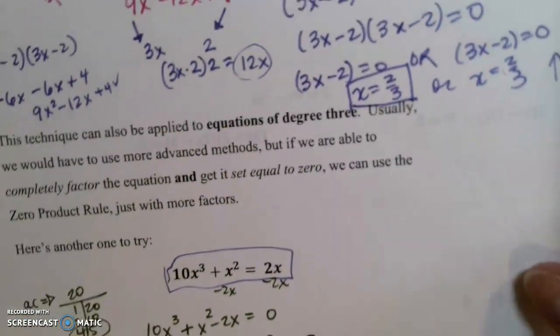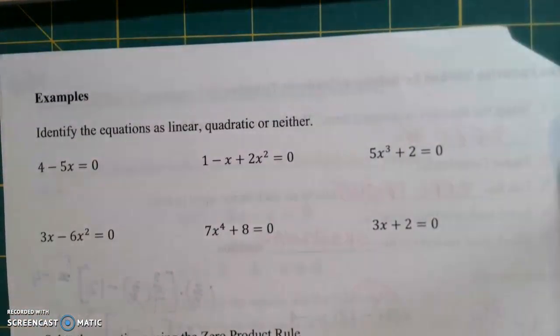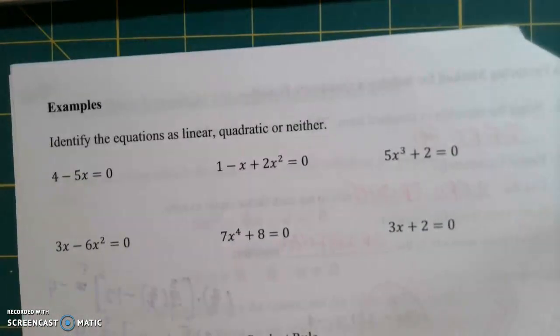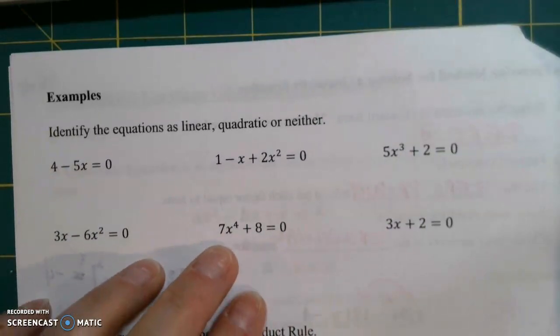So we were finished with that, so we will flip over to page 22. And these first few are just identifying, okay? Are these linear, quadratic, or neither? So linear is going to be a first degree equation. Quadratic is a second degree equation, and then neither.